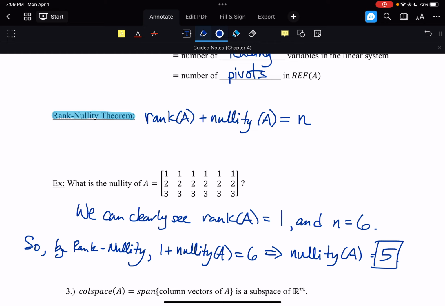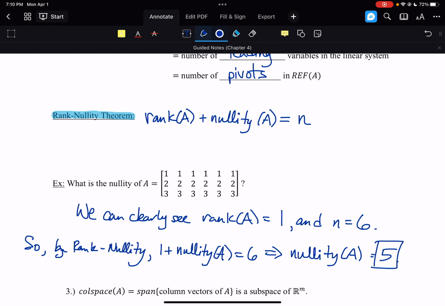So here we had an example where, in order to find the nullity directly, you would have to row reduce the matrix and solve for the null space of the matrix. That would end up giving you 5 free variables. You would bust out those variables to create 5 vectors, and then span those vectors to get the null space, and then see, oh, there's 5 vectors, so the dimension is 5, so the nullity is 5.